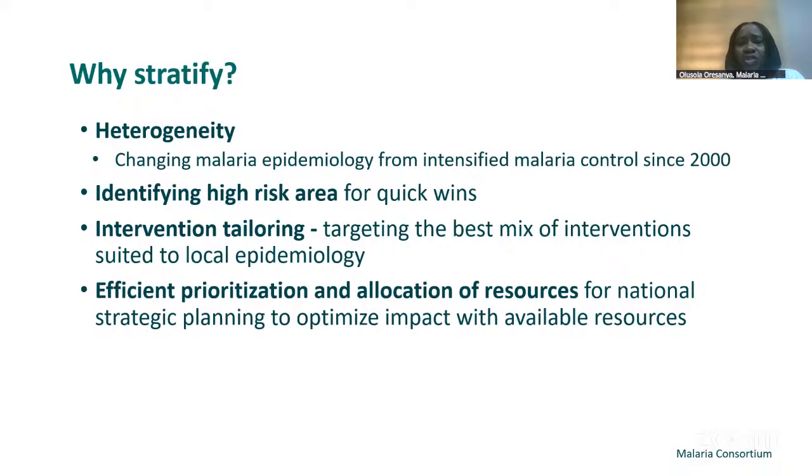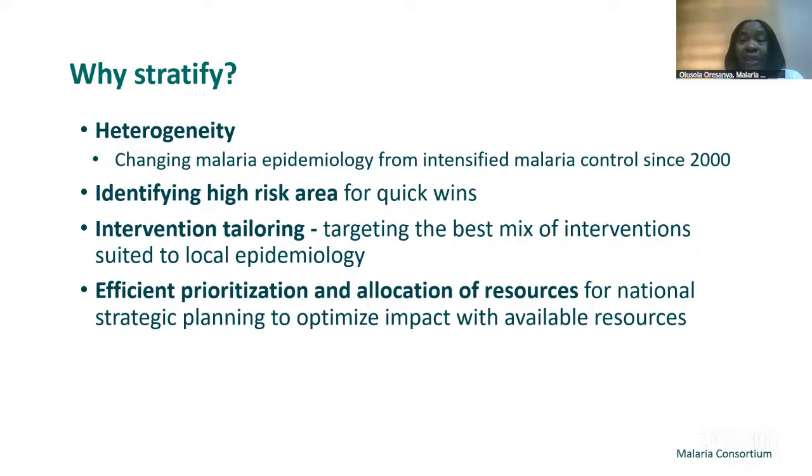So why do we stratify? We know that in Nigeria, for instance, malaria is heterogeneous in the country. And so it's important to be able to break the country into different risk areas, because malaria is not homogeneous. When you talk about the epidemiology in Nigeria right now, it's heterogeneous.